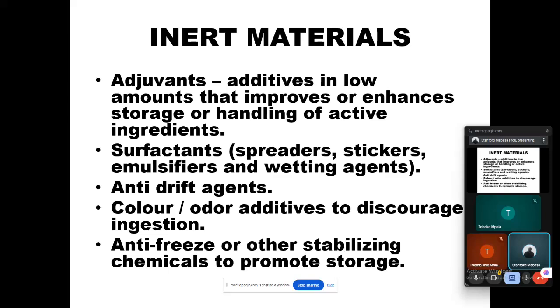Anti-drift agents, color and odor additives to discourage ingestion, antifreeze or other stabilizing chemicals to promote storage. So you can have other things which are added to the pesticide. We will talk more on them later on.